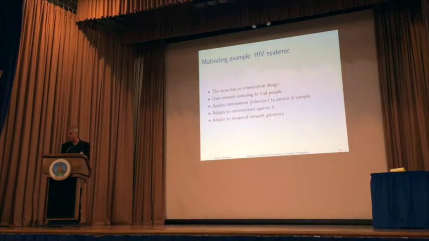That changes the network. Over time, you see those changes, and it adapts to interventions made against it. That's why there's no vaccine yet.